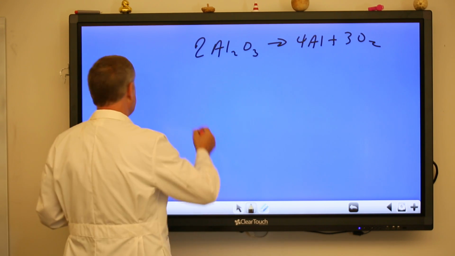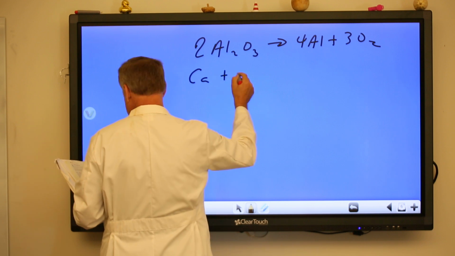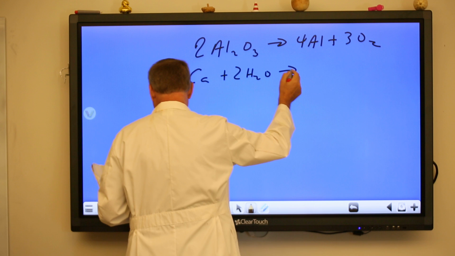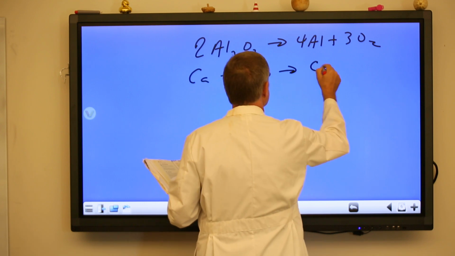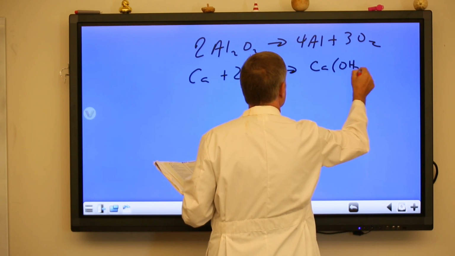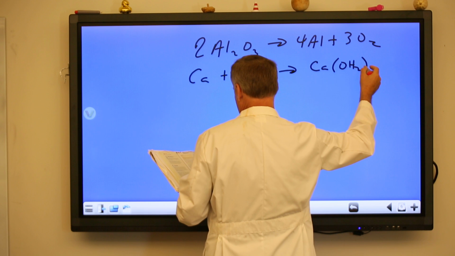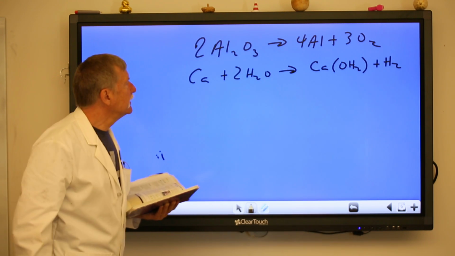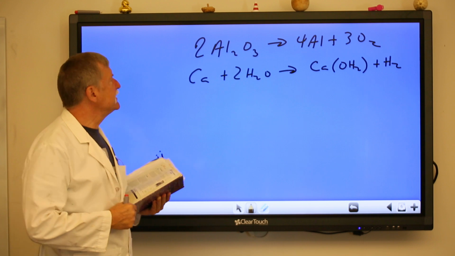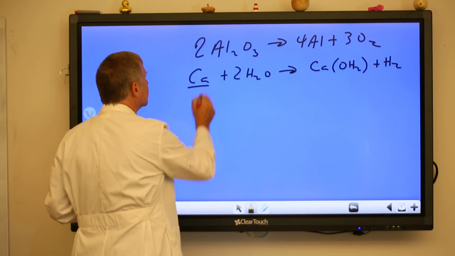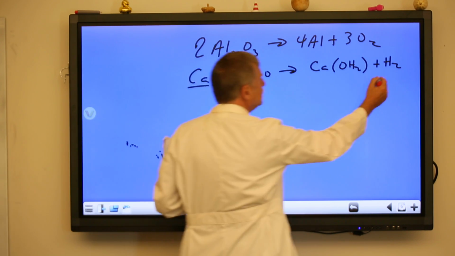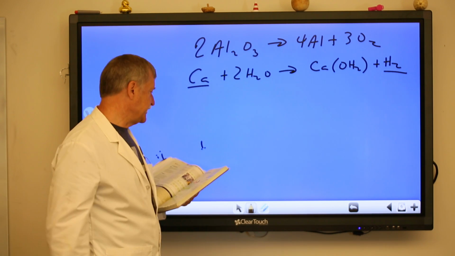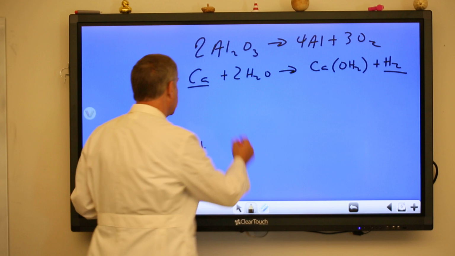We could do something like Ca plus 2H2O yields Ca(OH)2 plus H2. And we look at that and we see a single thing here and a new single thing there. So this is a single replacement reaction, right?